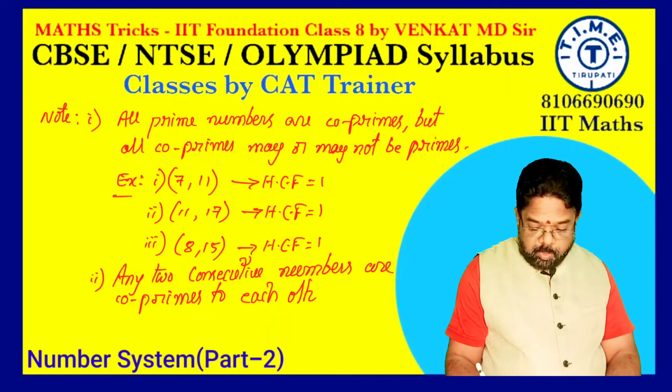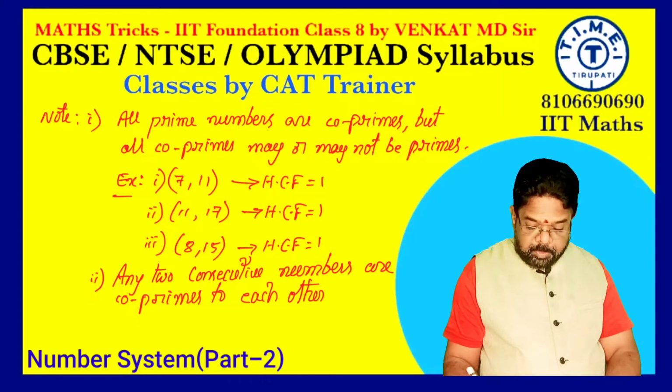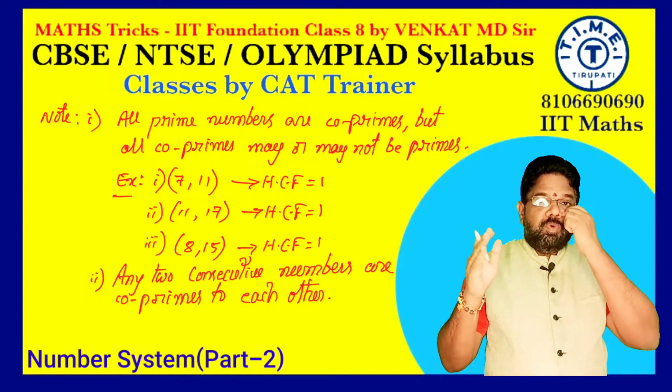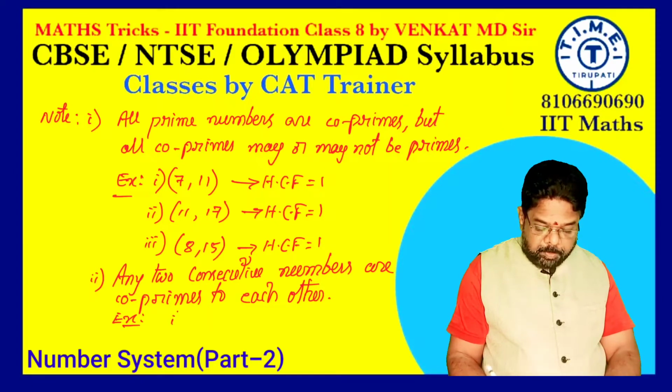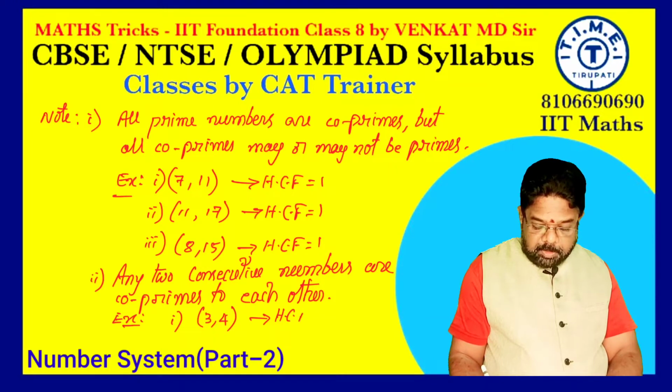So take any two consecutive numbers. Consecutive means adjacent values: 3, 4, 4, 5, 5, 6, just like it is. So take any two consecutive numbers, suppose let it be 3, 4. So what is the HCF here? What is the HCF? 1.